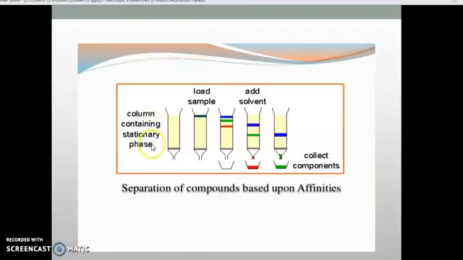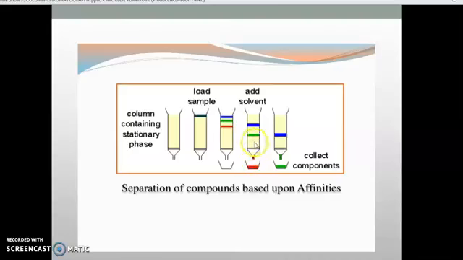Now the column contains the stationary phase. Here is the empty column. Then you load your sample, and if the sample is a composition of different compounds with very defined color differences, they can separate like this. The first one has a low affinity, so it travels and elutes fast.